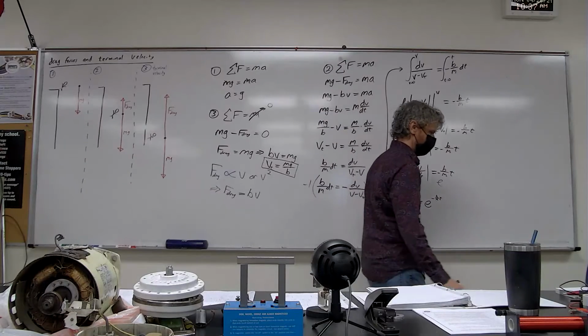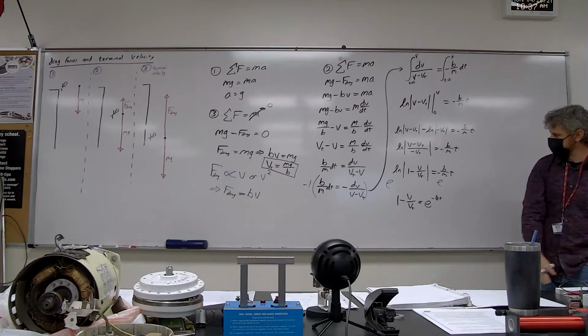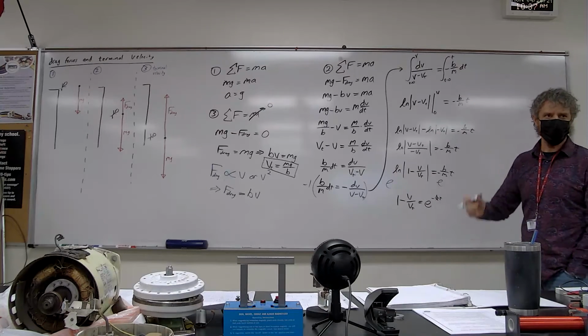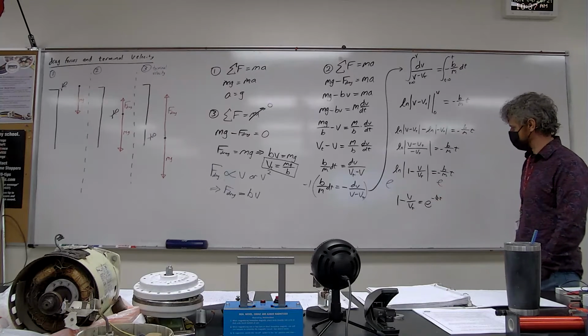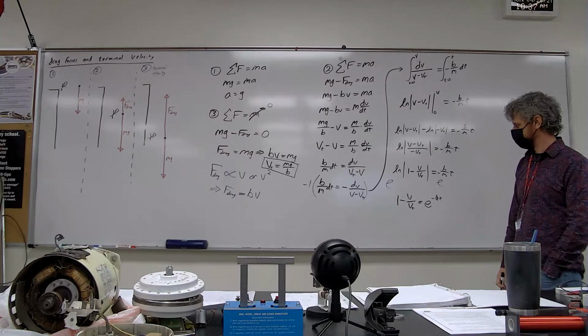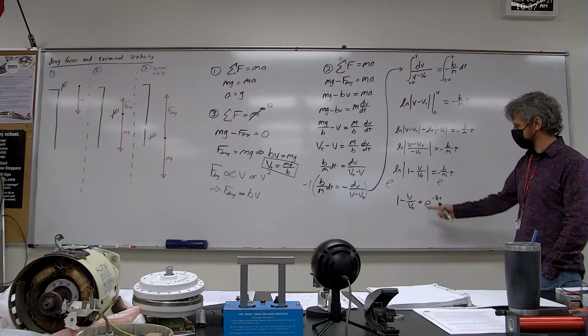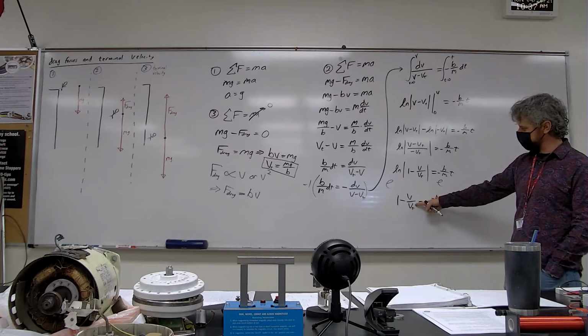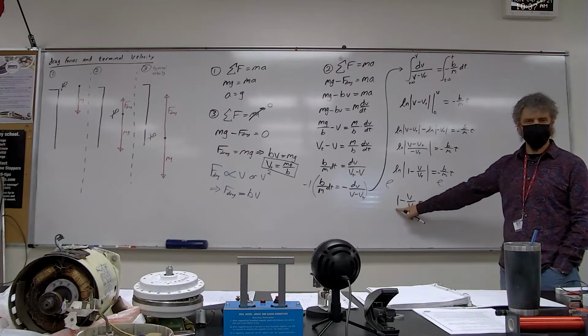What about the absolute value? Where's the absolute value go? That would already be an absolute value. Natural log of the absolute value of 1 minus v over vt. V divided by vt is never going to be larger than 1.